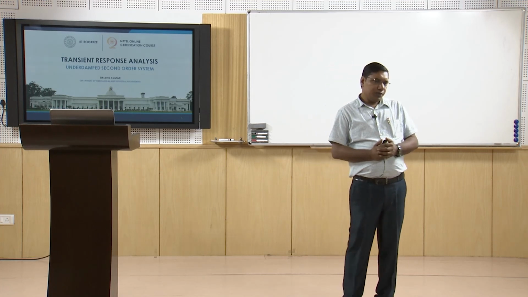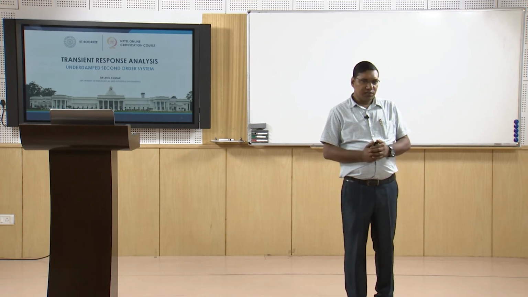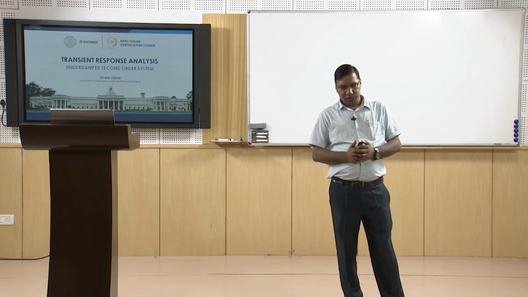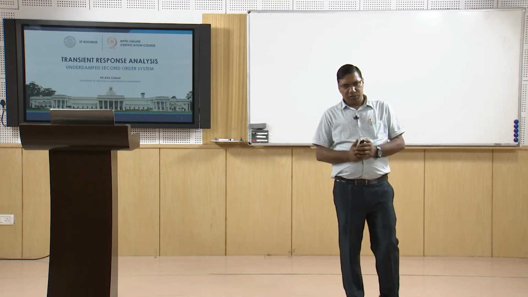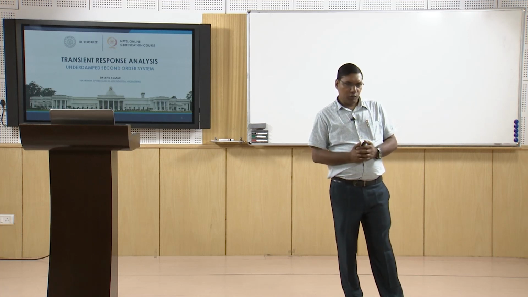Here we discuss more about the underdamped system, because the underdamped system has damping between 0 and 1, and they are the most useful systems, and the damping of the systems is found in this range, that is 0 to 1.